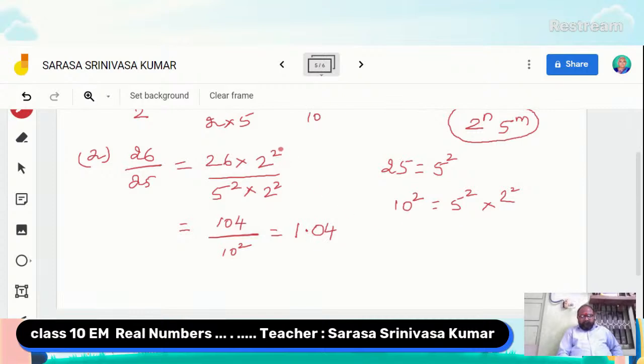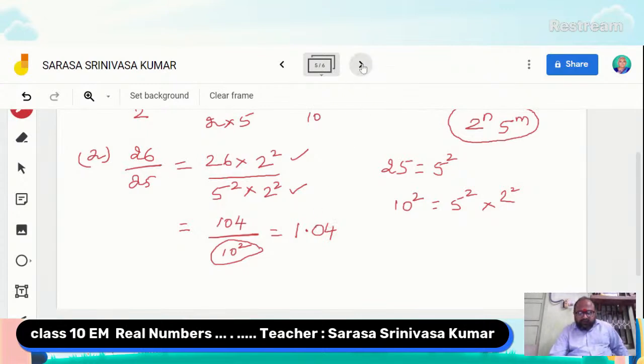So we multiplied and divided by 2 square, and we got 10 square in the denominator. Finally, we have converted 26 by 25 into a decimal number which terminates and it is 1.04.